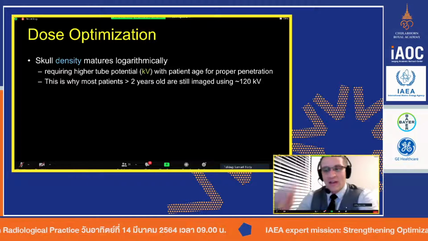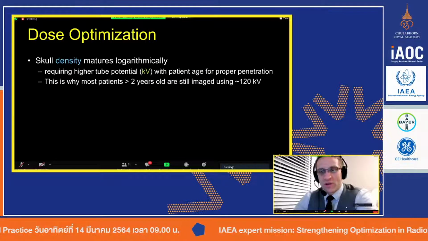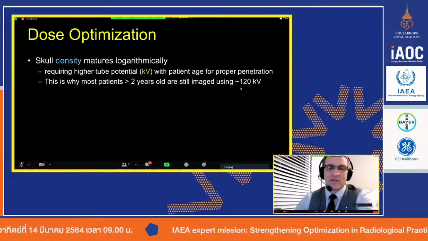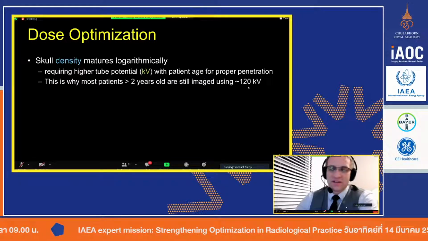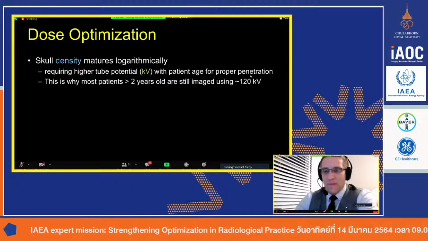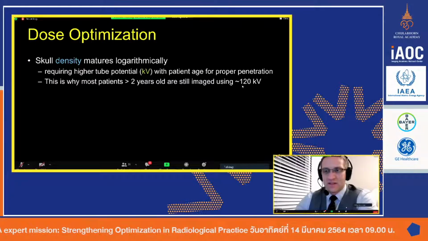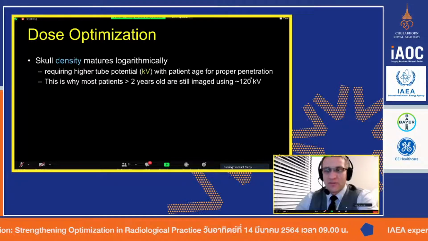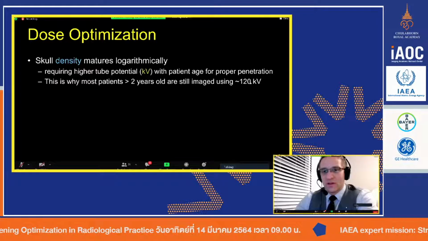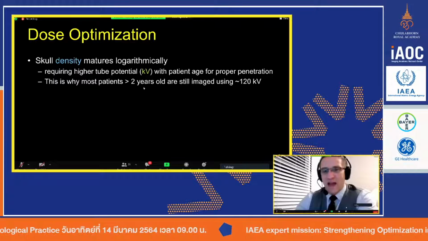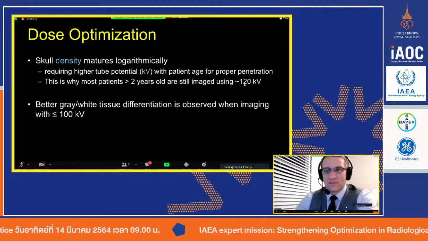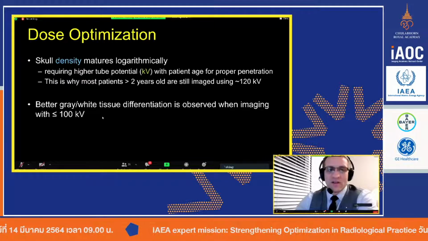And so generally after the age of 2, we're still typically imaging at about 120 kV. Now, every vendor is going to have their own settings, and some may allow you to set something besides 120, but generally speaking, after 2 years old, you're imaging at 120 kV.